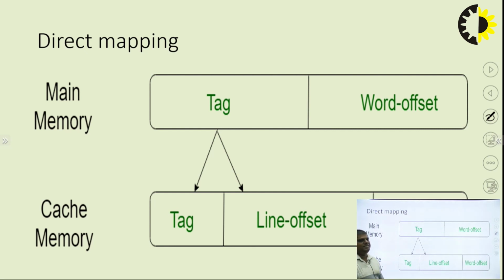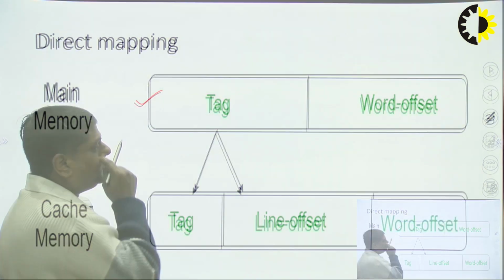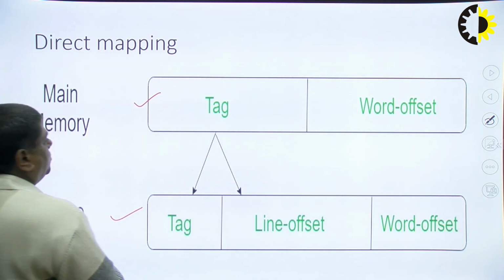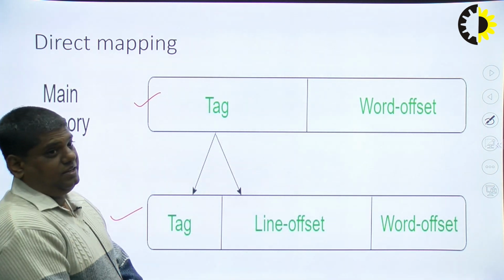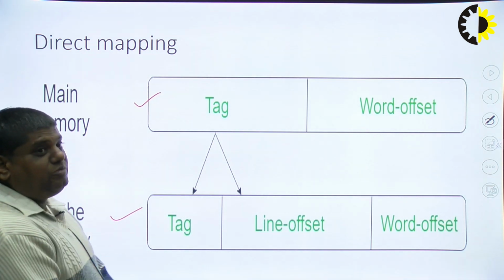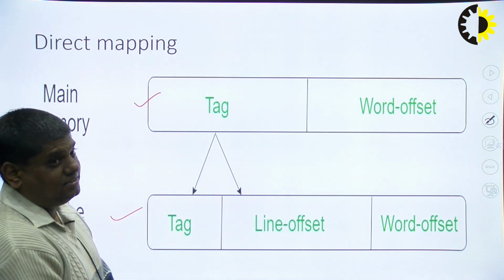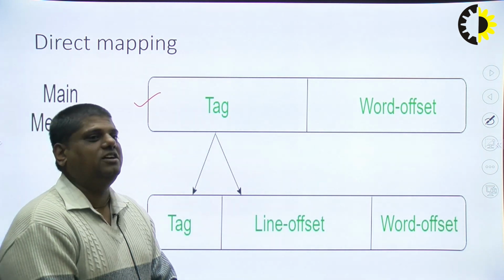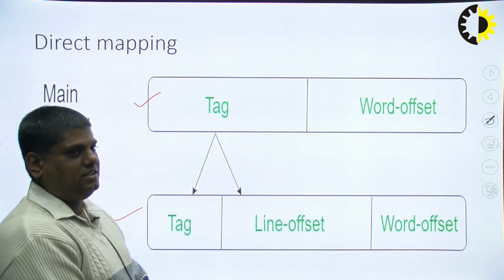Now, this is the address generated by the CPU with respect to the main memory and with respect to the cache memory. This is the address for the main memory and this is the address of the cache memory. The address of the main memory is also known as the physical address, and the address of the cache memory is also known as the logical address.